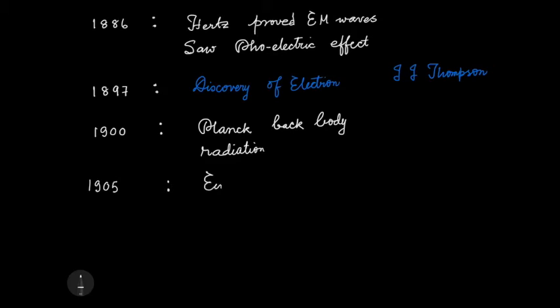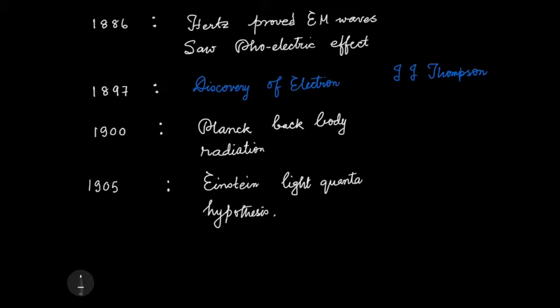1905 came Einstein, with his light quanta hypothesis. Now here Einstein said that the radiation does not travel in continuous waves, but it seems that it is easy to explain photoelectric effect.